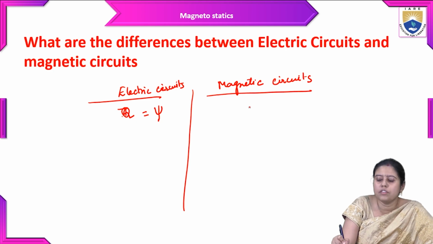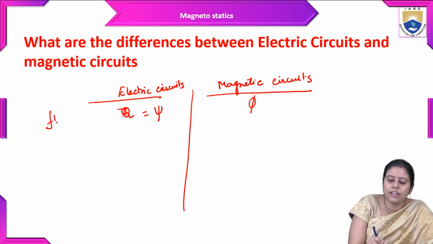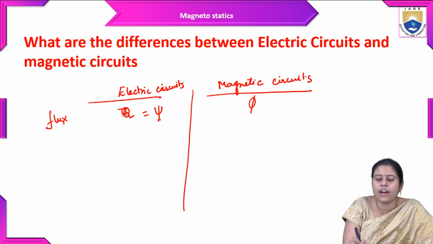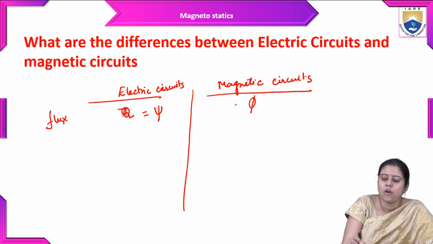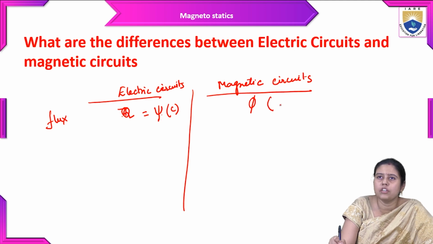In the case of magnetic circuits, we write it by phi. What is phi? Phi is the magnetic flux. So flux is psi here, and phi there. What is the unit of psi? Psi unit is coulomb. What is the unit of phi? The unit of phi is the Weber.